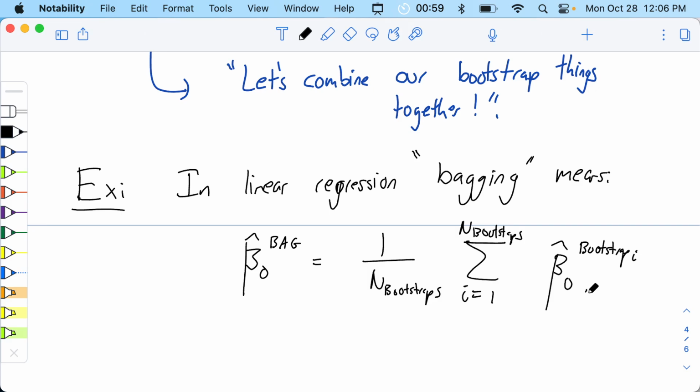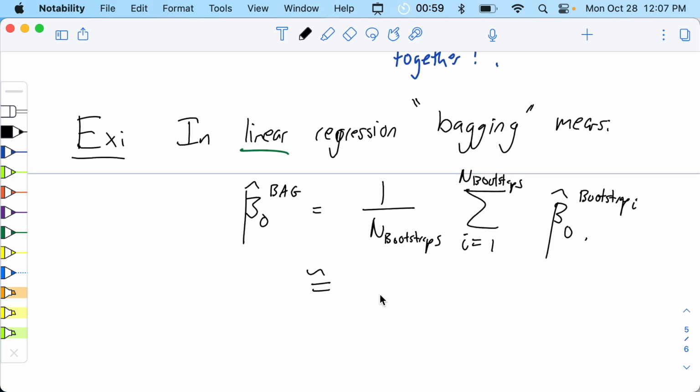So you average together, every bootstrap sample gives you a parameter. If you average together those parameters, you get back the bagged thing. And here's the thing, because it's linear regression, this is approximately beta hat 0 of the original sample. So there's no point in doing this for linear regression because it's linear.